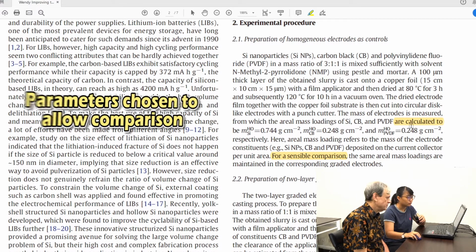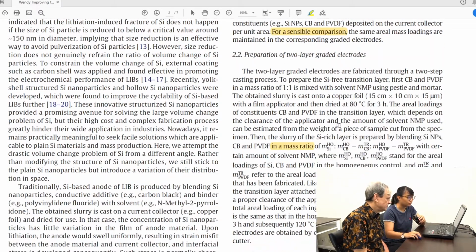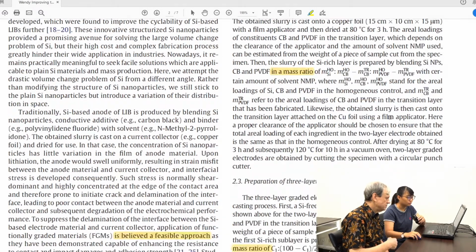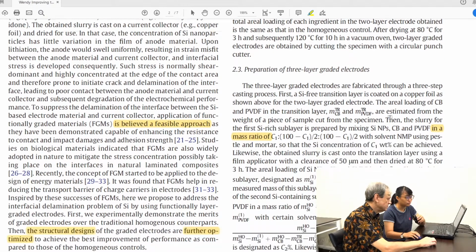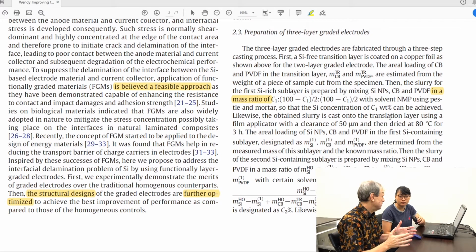Okay. Yes. So here are the parameters that they state for sensible comparison. Okay. So they have to calculate. Yes. And here they also have to mention how much ratio they use. So also here is the ratio. So all of these are set based on past research to allow them to make a reasonable comparison with the previous work.